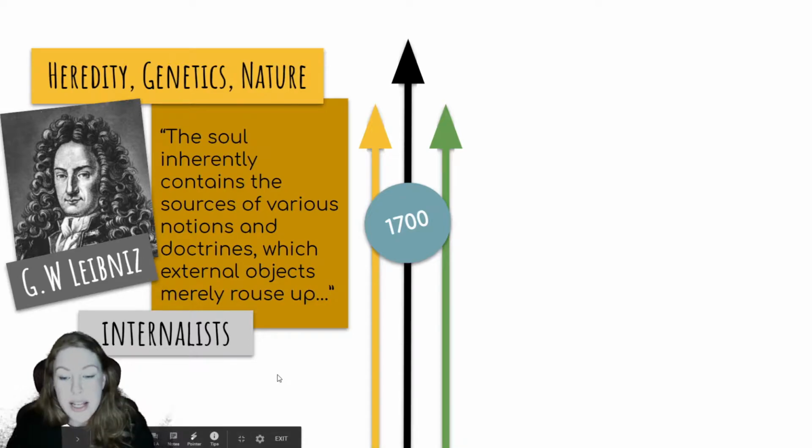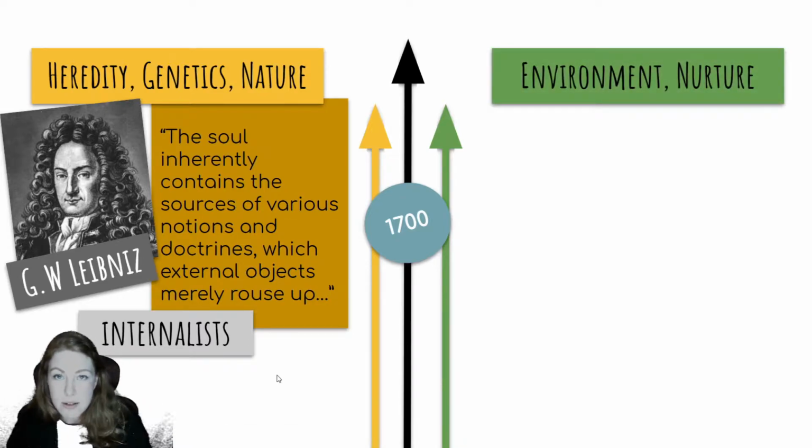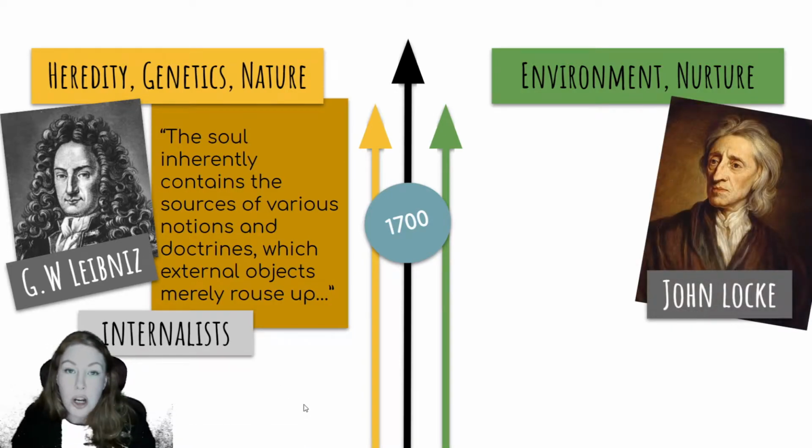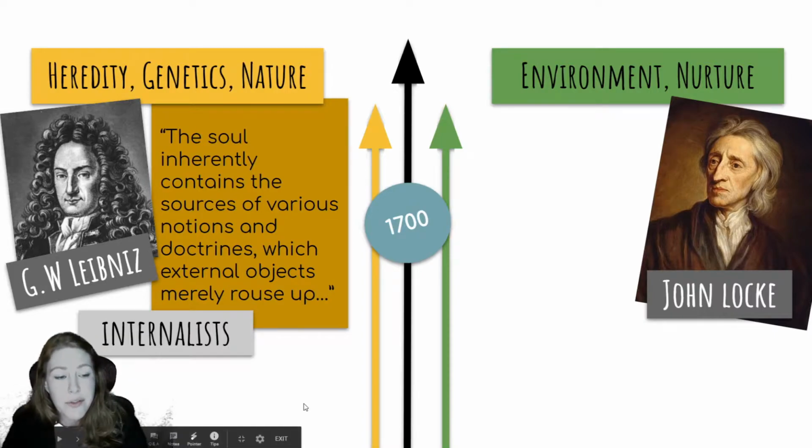On the other side of the table, you have environment or nurture. And this is basically the belief that we are formed by our experiences after we are born, that we don't bring anything or start with anything. We are formed by our own experiences. And the biggest speaker in this movement is John Locke, who we've already talked about in another video.